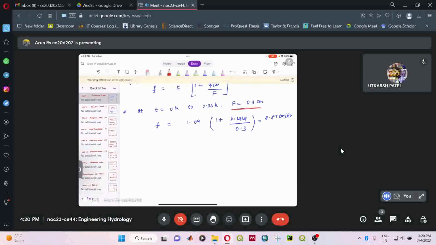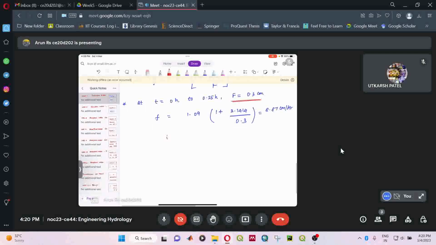And if I calculate the rainfall intensity, it is nothing but your rainfall divided by the time interval. Rainfall is 0.3 and the time interval is 0.25 hours. So if we find out, it is 1.2 centimeters per hour.